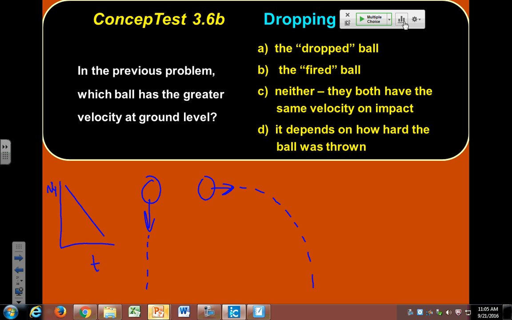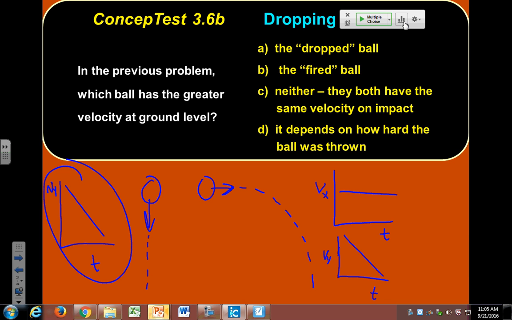If I were to draw Vx versus T, it's going to look like this, because the acceleration in the x direction is 0, so the velocity in the x direction remains the same. However, if I draw Vy versus T, it looks exactly the same as it did over here, because it's accelerating in the y direction.